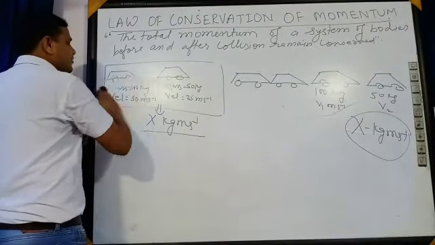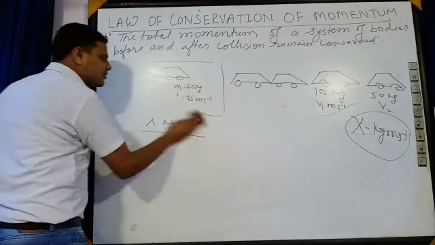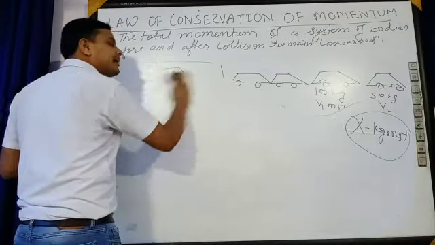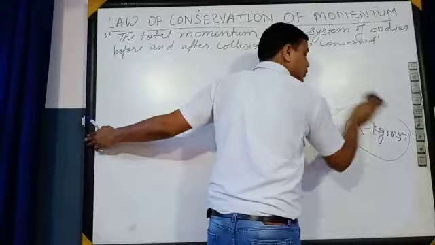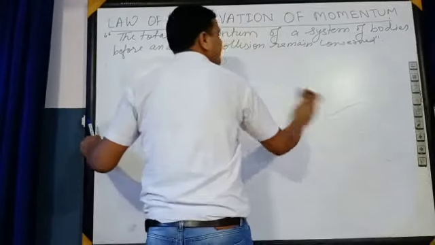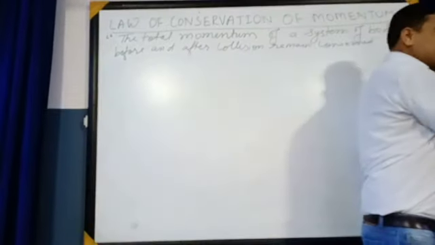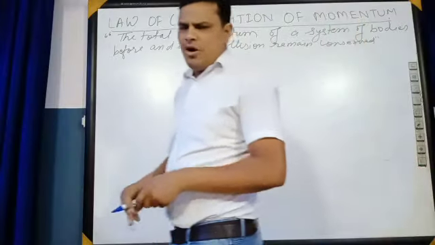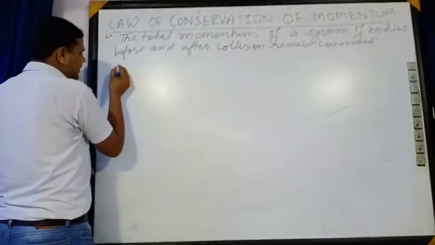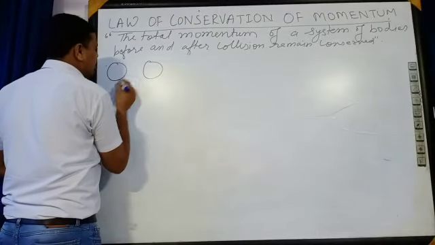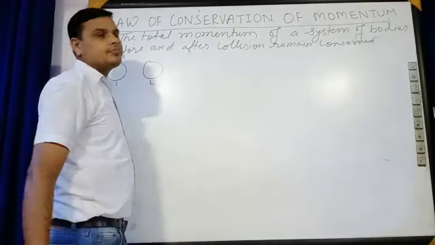Let us derive the formula for the law of conservation of momentum, and this formula is very important for you. So see carefully how to derive it. Two bodies: body 1 and body 2.